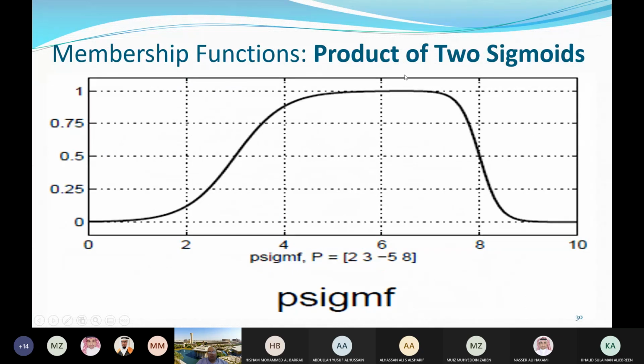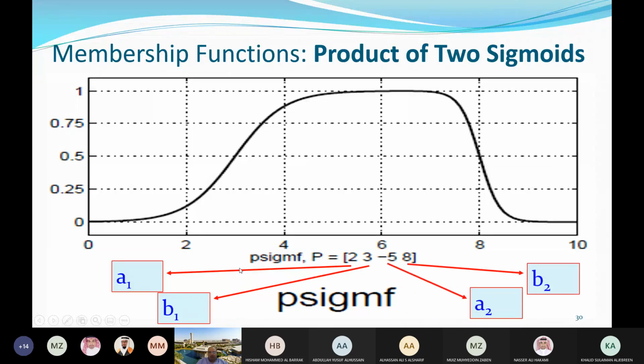You can also have the product of two sigmoid functions, also characterized by this. This is A and B for the first one, and this is A and B for the second sigmoid.